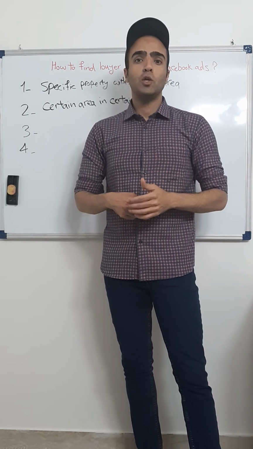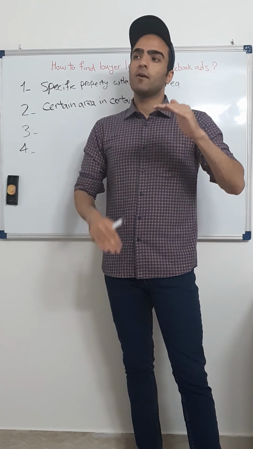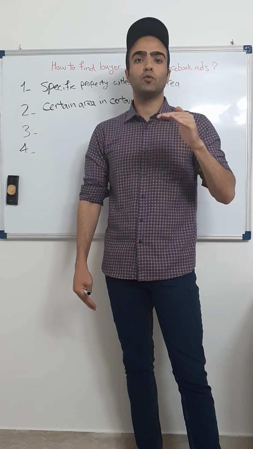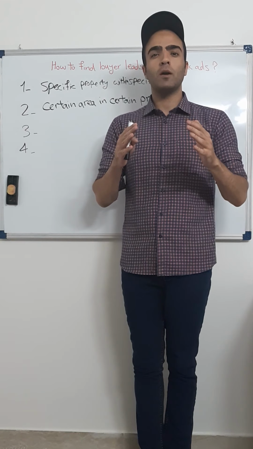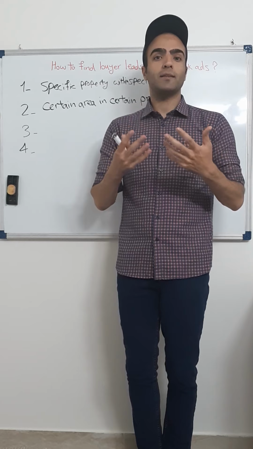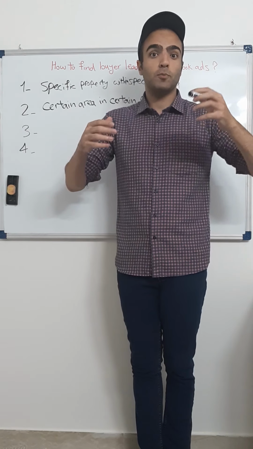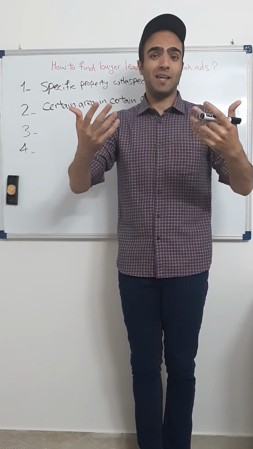Especially, for example, if you have a listing in a lower price, from $250,000 to $500,000, and you target the first-time buyers, they are more likely to come and buy from you because they don't have a lot of budget, rather than targeting luxury places. You know what I mean?